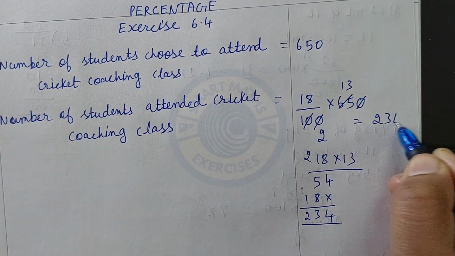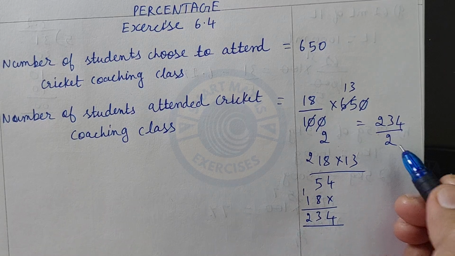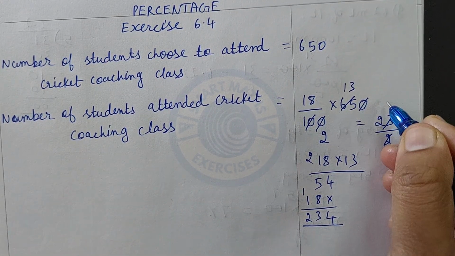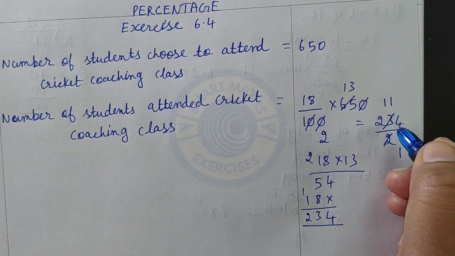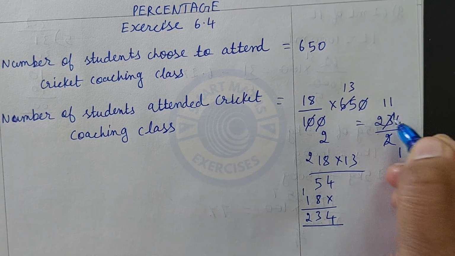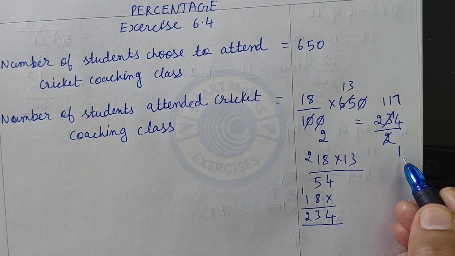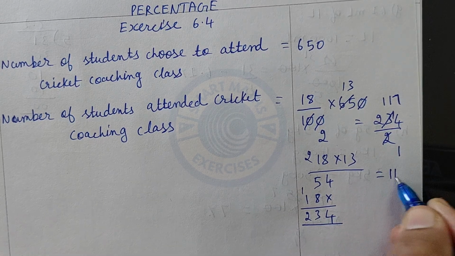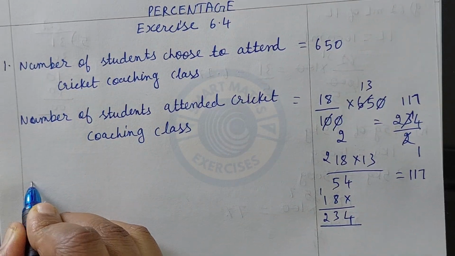So 234 divided by 2. Now 234 and 2 go in 2 table. 2 1s are 2. 2 11s are 22. 23 minus 22 is 1. 2 7s are 14. Anything divided by 1 is the number itself. So answer is 117.